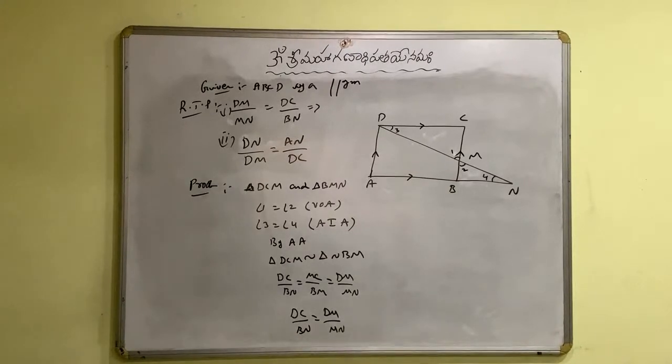In triangle ADN, BN by AN is equal to MN by ND.